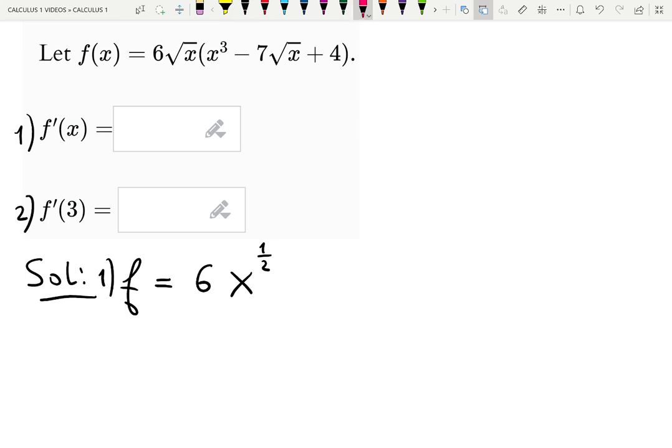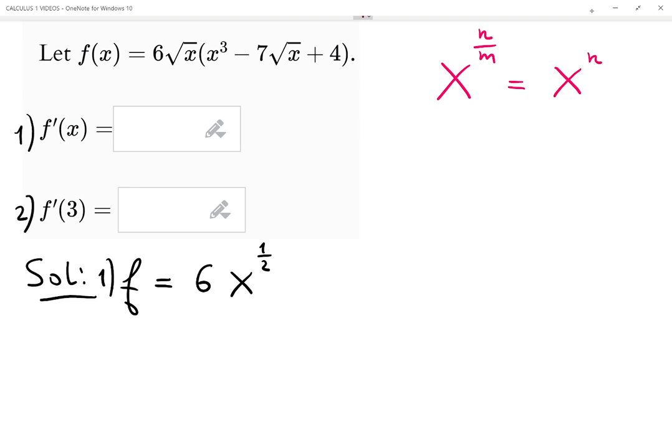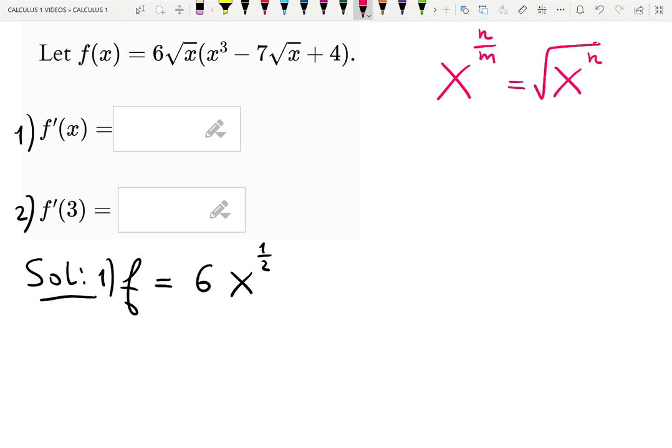In general, maybe you don't remember, let me remind you briefly, that x raised to the power n over m can be written like so. Whatever was at the top, in this case n, will go to the top, and whatever was at the bottom will go to the root.